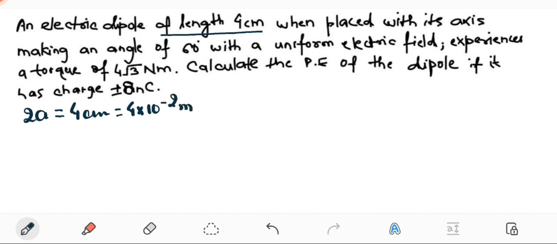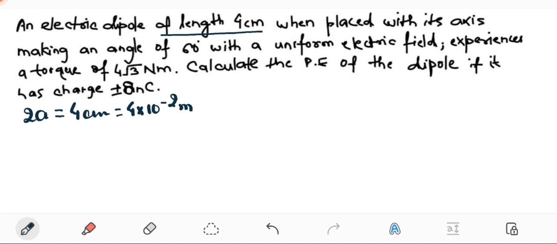Why have we taken 2a? Because when we talk about dipole, we have been using the formula 2a. We were considering a distance on both the sides from the point where we were supposed to be calculating the dipole.